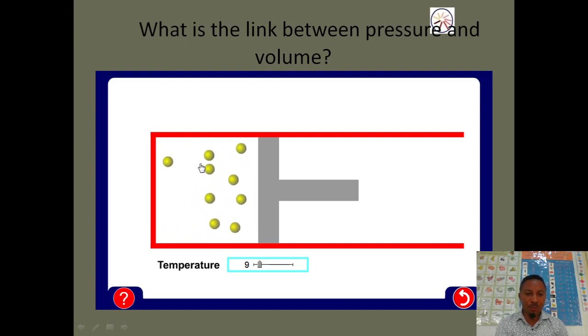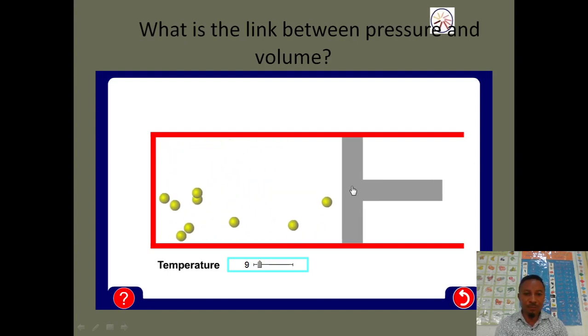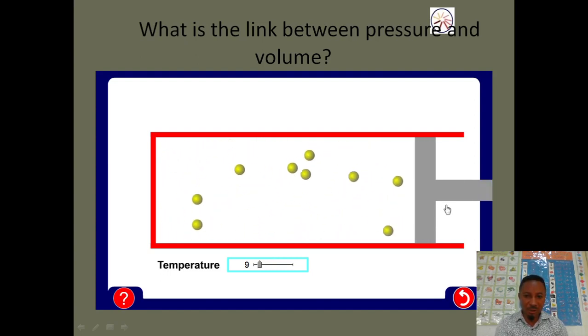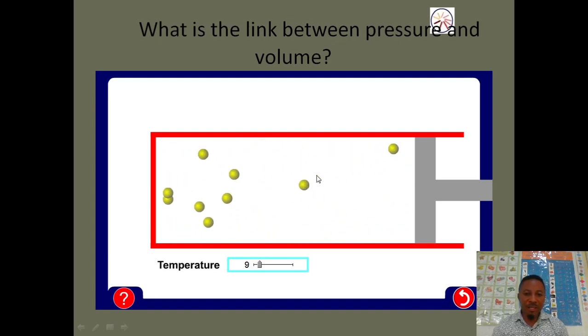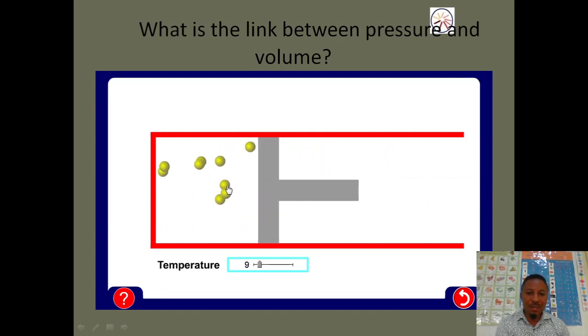So small volume, more pressure, big volume, less pressure. Do we understand? You expect to have less pressure in the system when the volume is bigger, where you have more airspace. But when you have less airspace, the particles are colliding more, so you have more pressure. Okay.